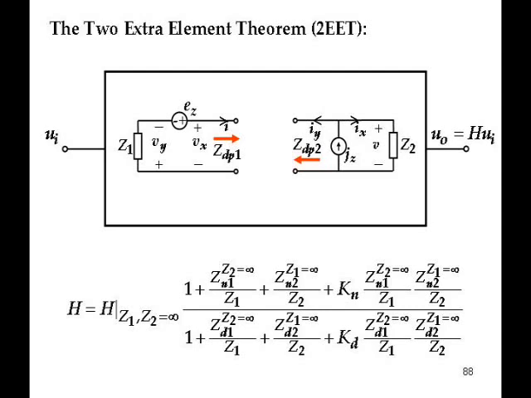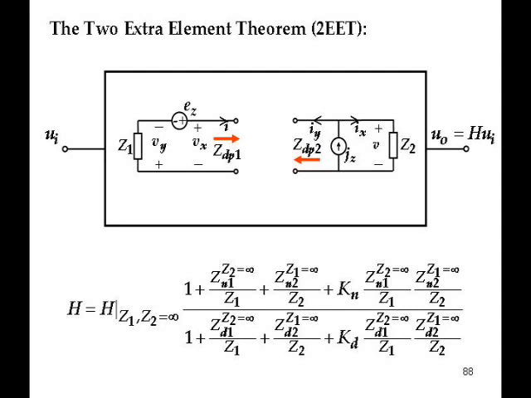Zn1 is the null driving point impedance seen by element 1 when z2 is infinite, when it's not there. And vice versa for Zn2. That's for Z1 infinite. And you notice the last term is the product of the same two ratios, except that there's a modifying factor in front, Kd and Kn. Those are called interaction parameters.